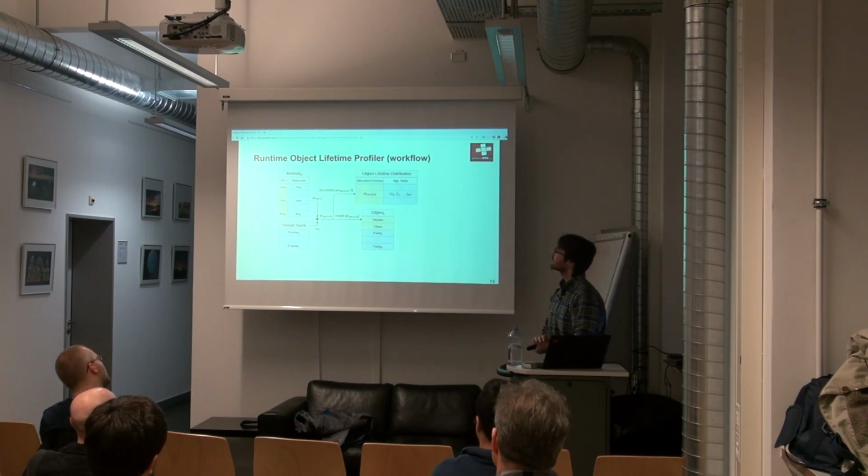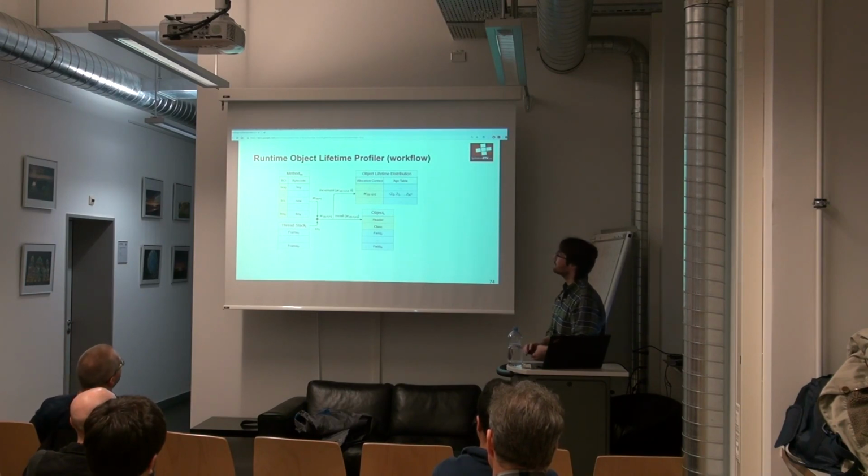We also keep some state of the actual counter for the number of objects allocated for each allocation context. We have a table that is indexed by the allocation context and has a number representing the number of objects that have survived from 0 up to n garbage collection cycles.